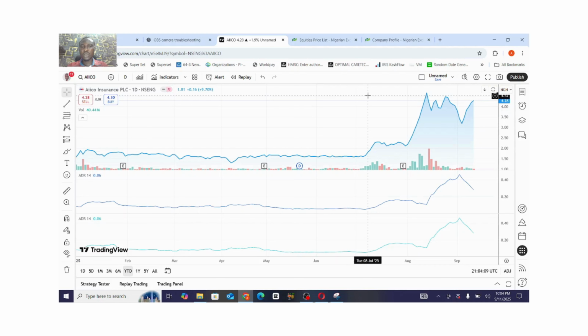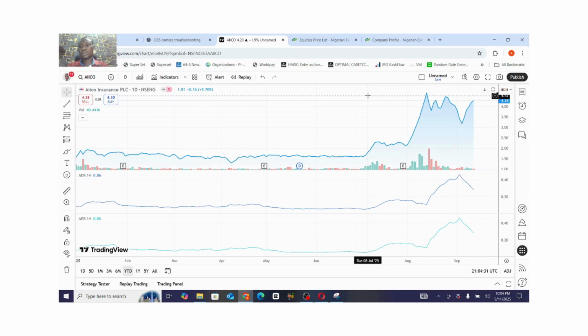I will also advise you to do fundamental analysis, stock valuation, and also check other indicators, qualitative factors, market sentiment, and news. Okay, this is the combination of everything that I will advise anyone to consider before investing in stocks.